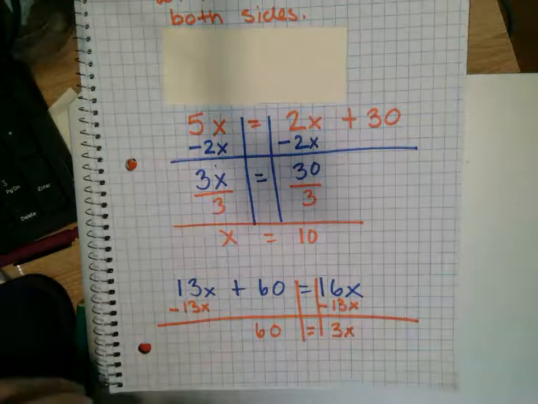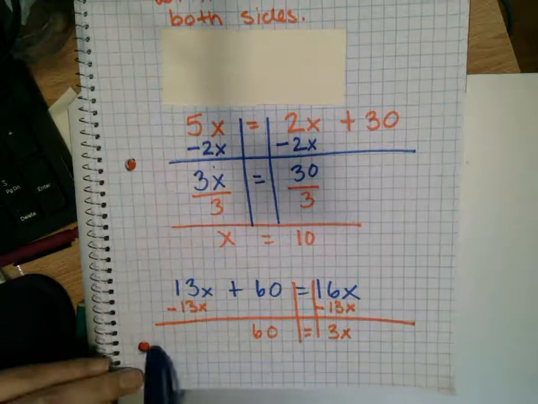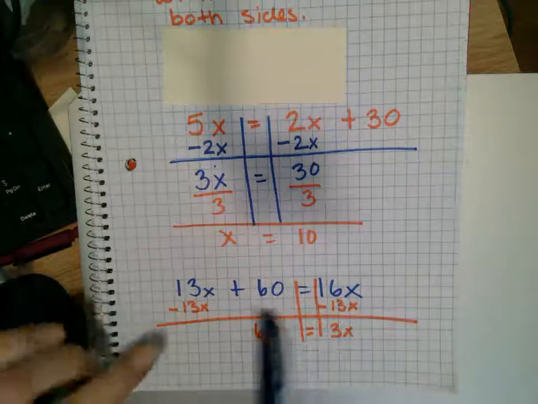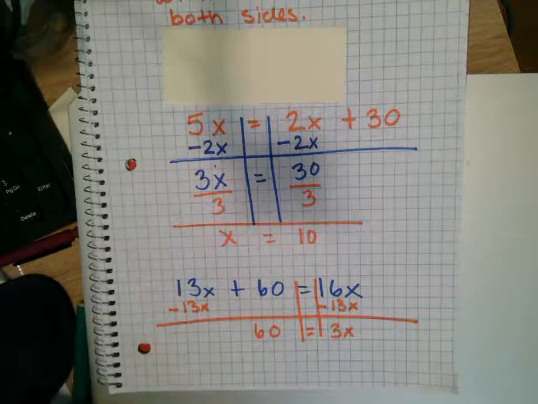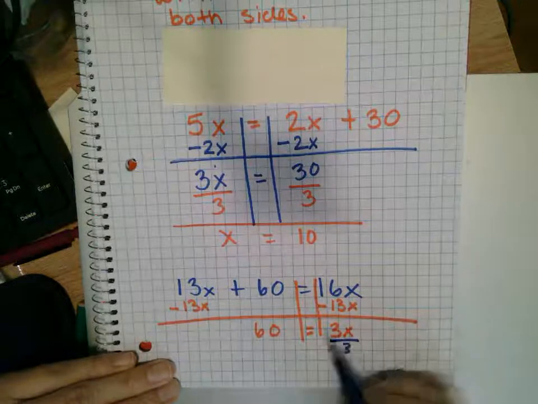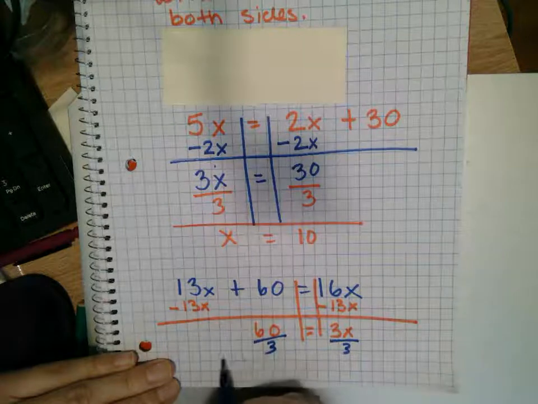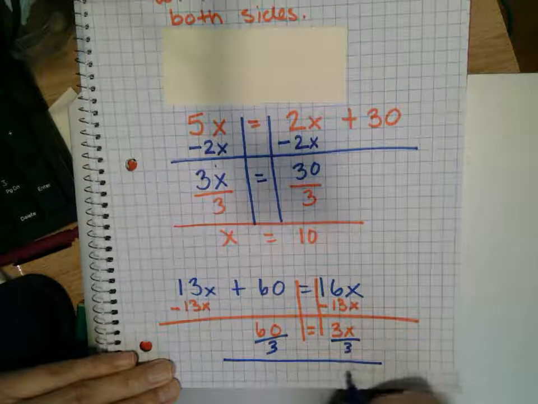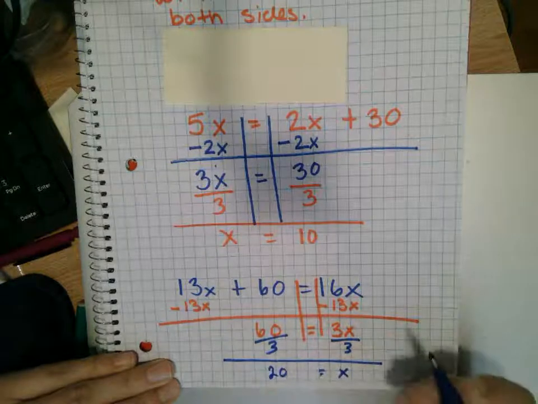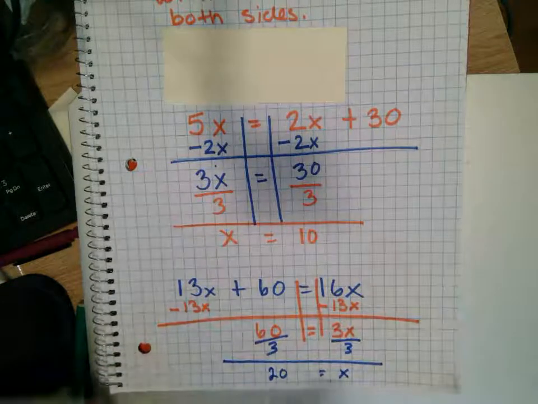Oh, we have another 3x left over. Now you see, okay, I'm just left with a one-step equation. I'm left with just one x, not two of them. So in order to get x all by itself, I have to divide by 3 because this means multiplication and you have to do the opposite. So I'm going to divide by 3. X equals 60 divided by 3, 20. So that's our final answer. X is equal to 20.